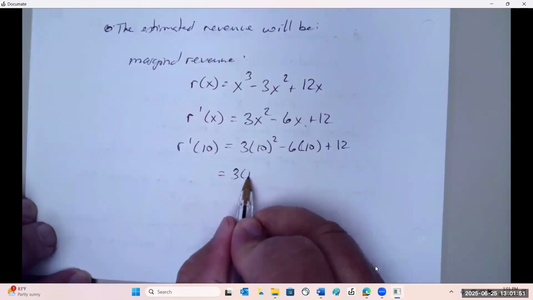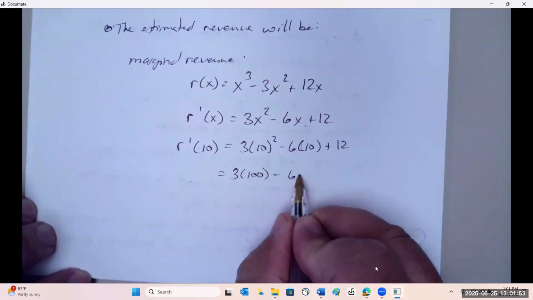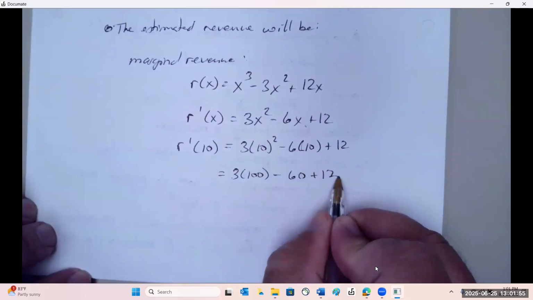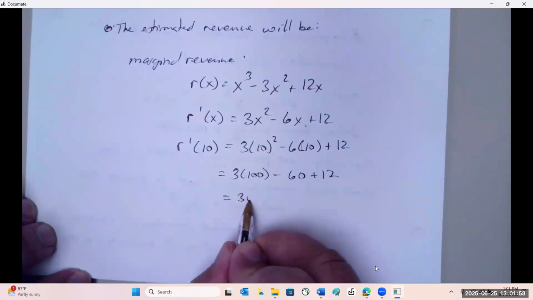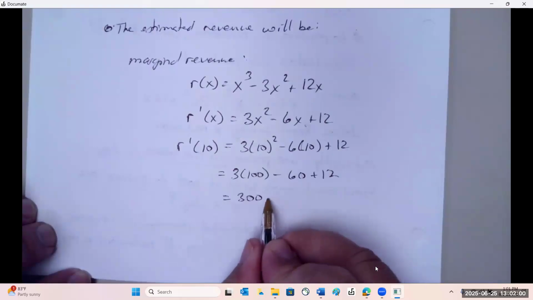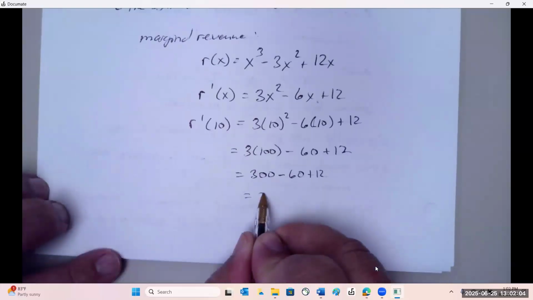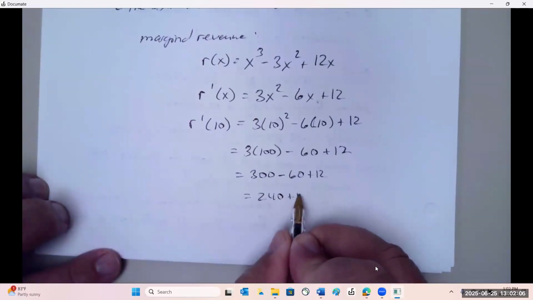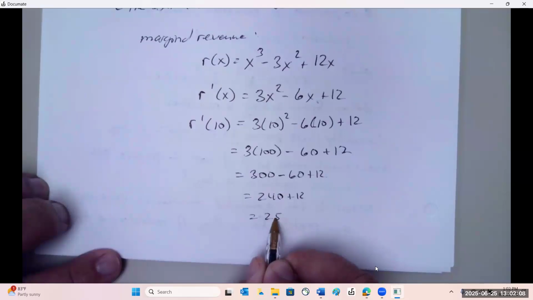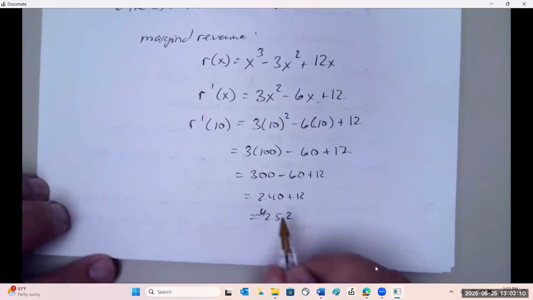So it's 3 times 100 minus 60, so 300 minus 60 plus 12. 240 plus 12 is 252.